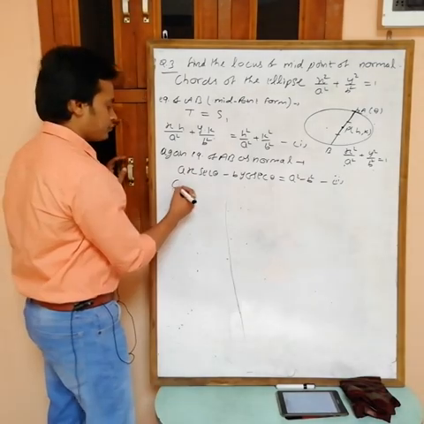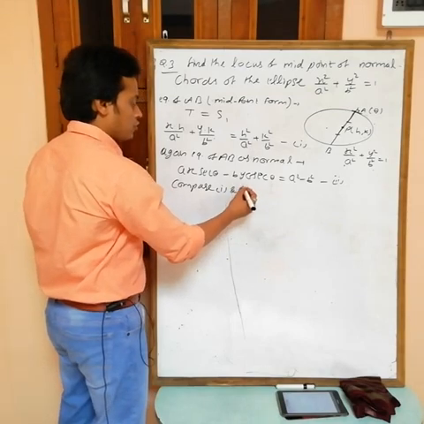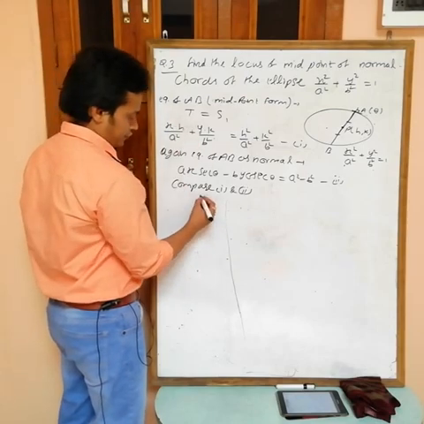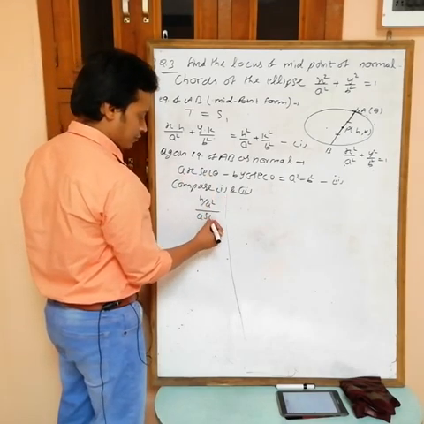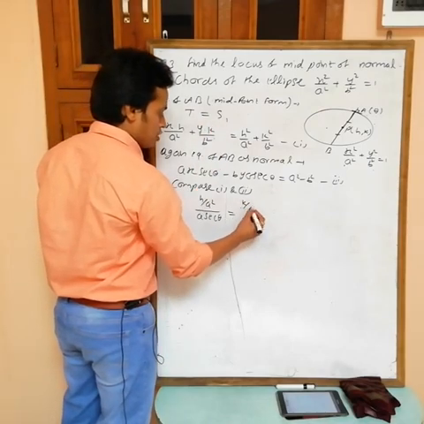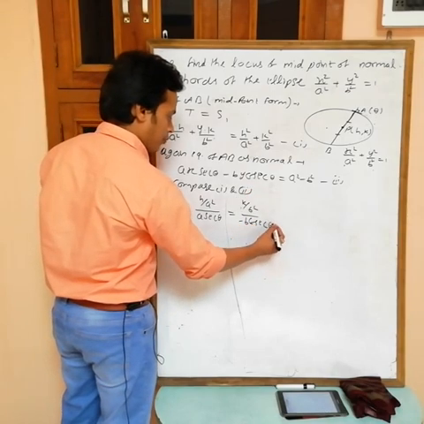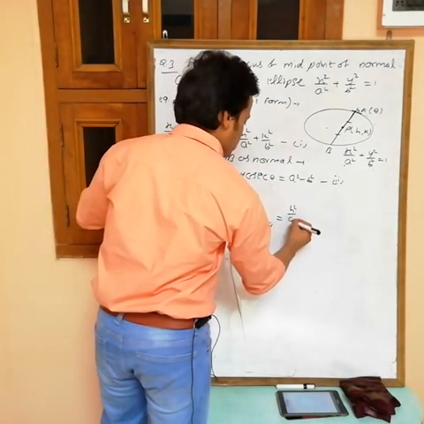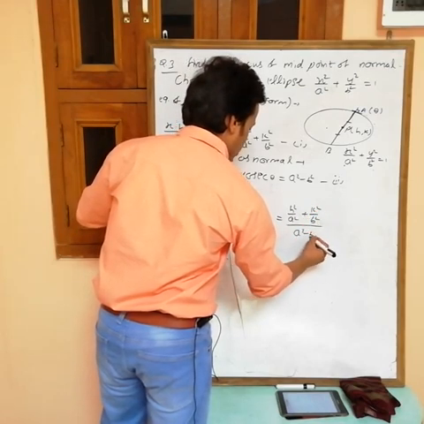Compare first and second. So if you compare first and second, then coefficient of x is h by a square by coefficient of x which is a sec theta, equals coefficient of y is k by b square by coefficient of y which is minus b cosec theta, equals constant term by constant term, h square by a square plus k square by b square by a square minus b square.